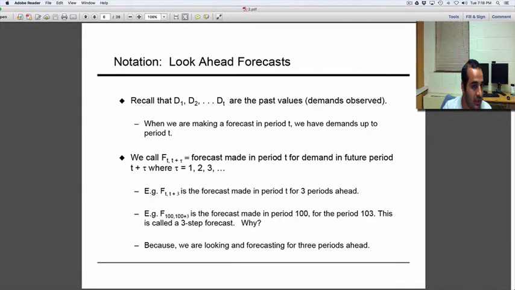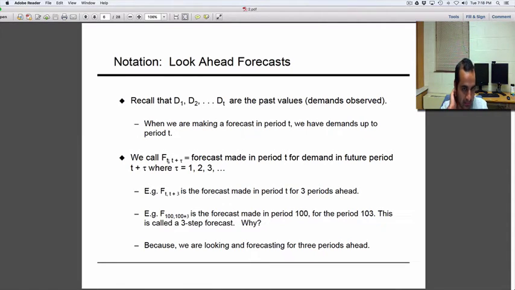We have data up to period T. We denote the forecast by the letter F, and the letter F has two subscripts, T and T plus tau. The first subscript tells you which period you are making the forecast in. The second subscript tells you which period you are making the forecast for. That means I'm making the forecast for period T plus tau in period T.